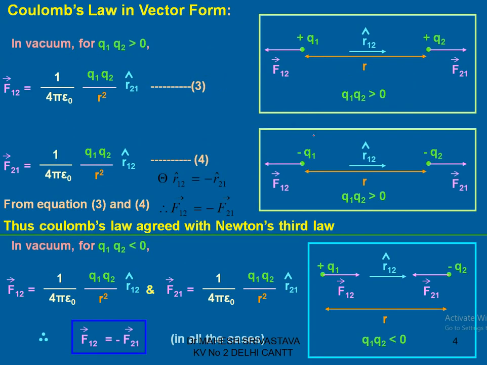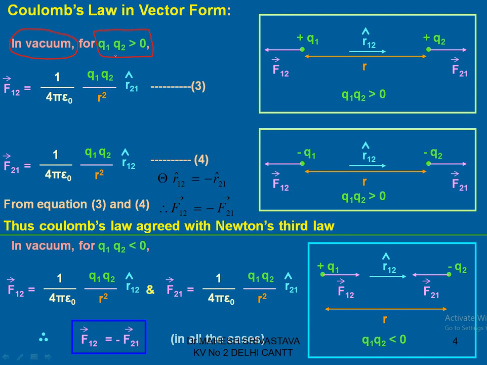Now the Coulomb's law in the vector form. Here we take two conditions. One condition is when the product of charges Q1 Q2 is greater than 0. Remember it, here the medium between the two point charges remains vacuum.